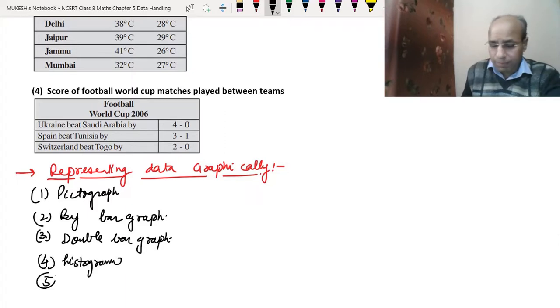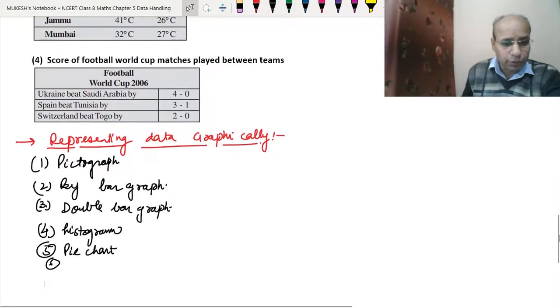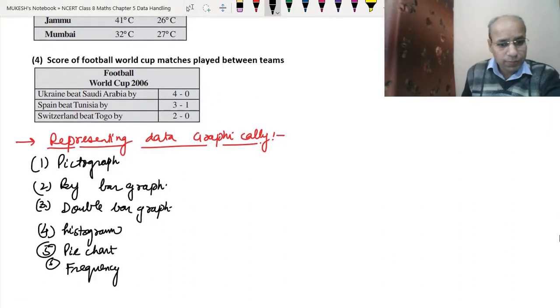The fifth is the pie chart, which we will also study, and the sixth one is the frequency polygon, that we will study in class 9. So pictograph, bar graph and double bar graph we have already studied in previous classes, in this one we will study the histogram and pie chart, and in class 9 we will study the frequency polygon.